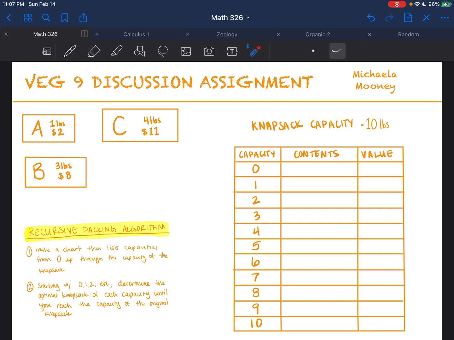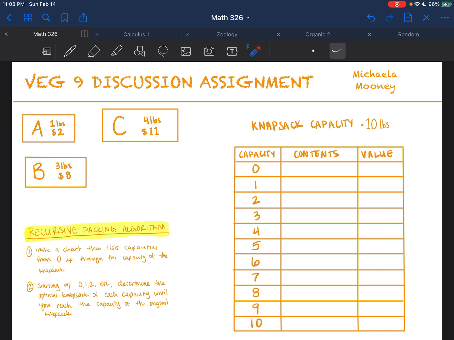So we are basically going to be finding the optimal combinations of contents for each of these. Like hypothetically, if our knapsack had a 0 capacity, or a 1 capacity or a 2 capacity, we're going to find the optimal combinations for each of those until we get to the actual capacity of our knapsack.